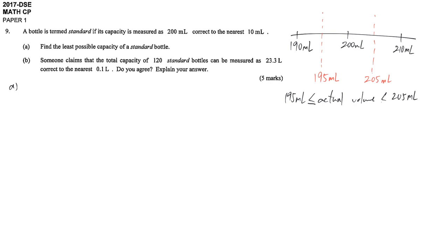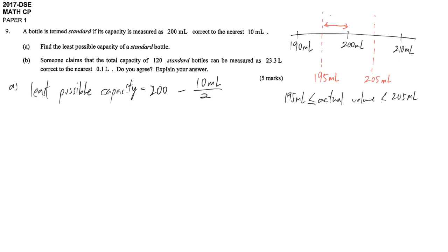Because there are 5 marks in this question, you had better write some steps to show your understanding. It is equal to 200, and then we minus the interval, 10 ml divided by 2. 10 ml divided by 2 is talking about this range.